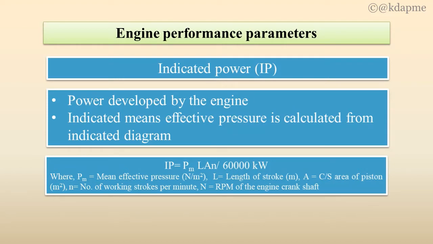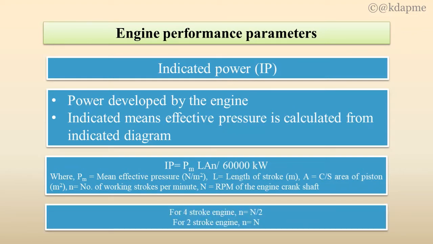Let me tell you that for a 4-stroke engine, the number of working strokes per minute is normally taken as N by 2, whereas for a 2-stroke engine it is taken as N. So this is all about indicated power.